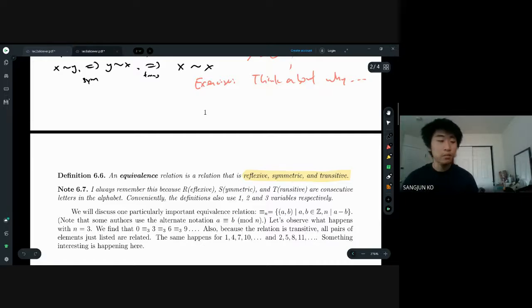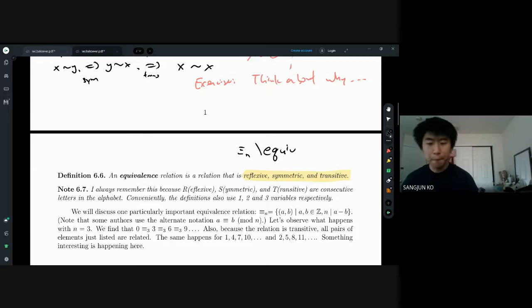And one important equivalence relation that comes up in algebra and in number theory is the congruence modulo n relation, which right now we'll denote as the three bars, \equiv with a subscript n.